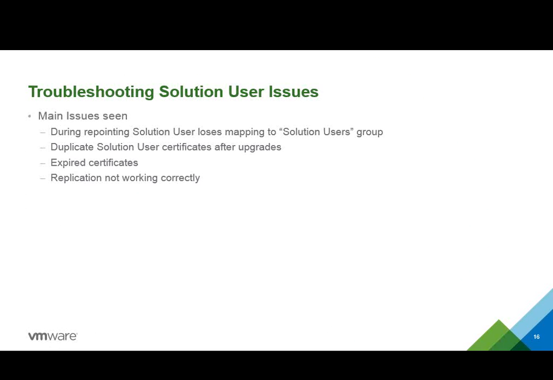So what can you do in most cases? Most of the time, for the first part, as already mentioned, you simply re-add the solution user to the solution users group. If you've got old certificates that are expired, usually removing the solution user and service endpoint helps, and then either for some services you can replace certificates, for others you need to reinstall the service while pre-staging the SSL certificate.